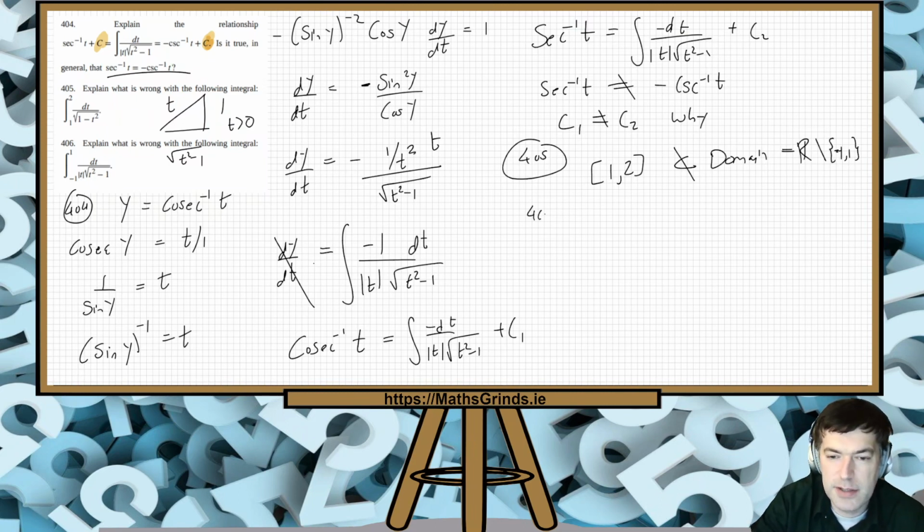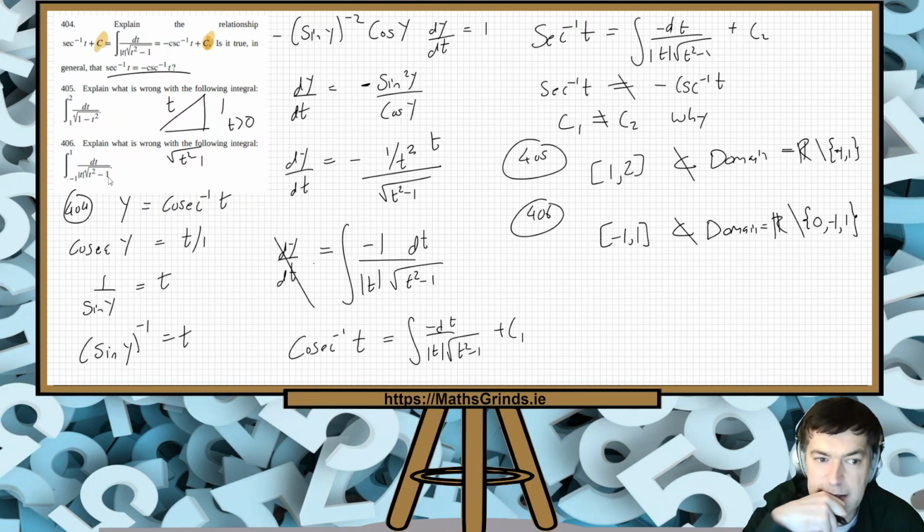And a similar situation in 406, -1 to 1 is not in the domain. And the domain for this is all real numbers except for 0, -1, and 1. So that's the reason why.